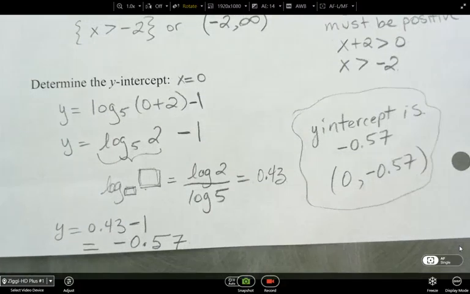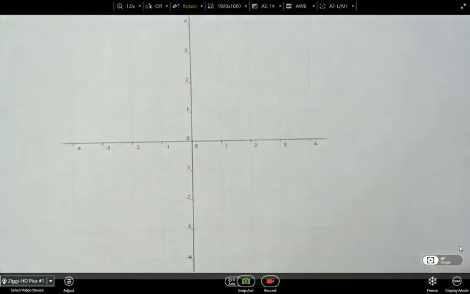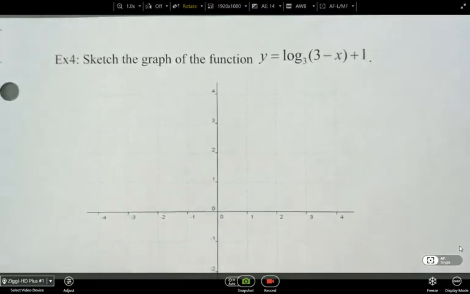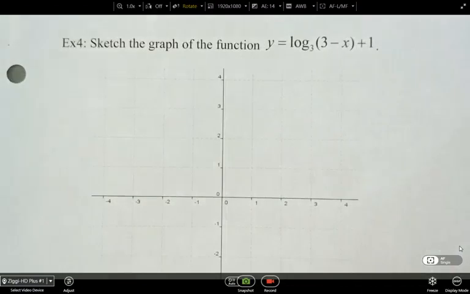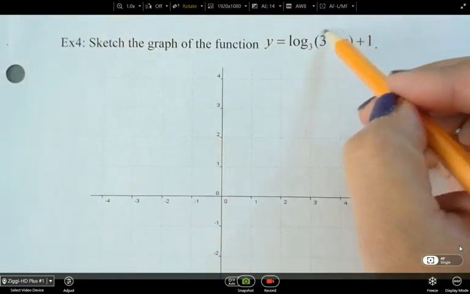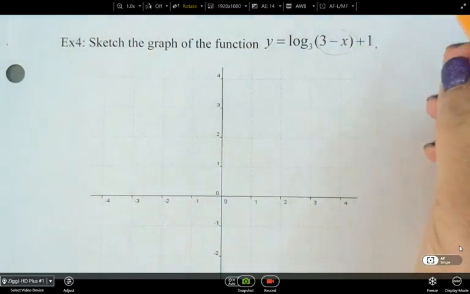Okay, let's do it. What do you notice about the equation that we have here for example 4? It looks a little wonky. It's a little rearranged. What do you have to do? It's switched around, right?